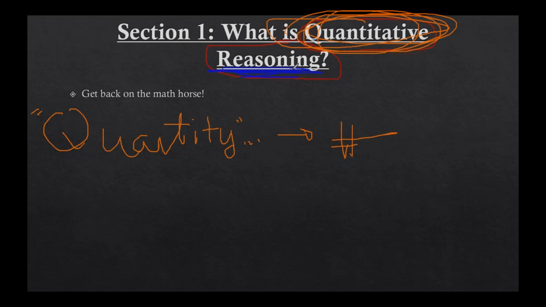Now let's talk about the reasoning part. What does reasoning mean? Figuring out, good, I like that. Anybody else have a different way to describe reasoning? I like that, figuring things out. Rationalizing, that's a good word.